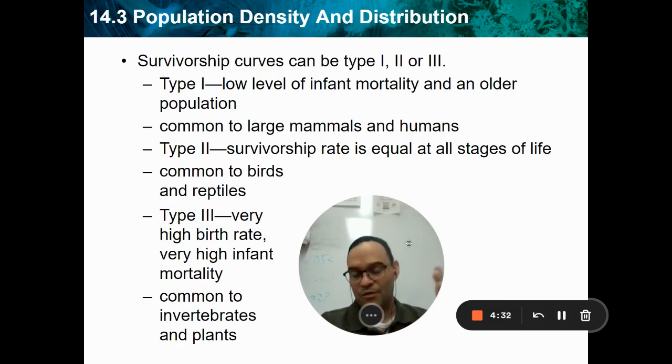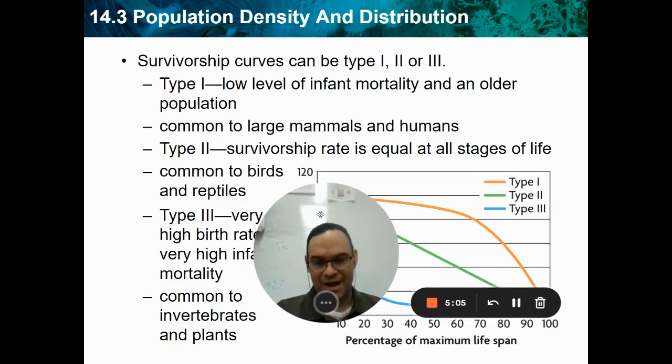But it would be important to narrow down what it is you're looking for in a population. If you want that population to survive, I would suggest more of a type 1. If you want to see fast evolution, fast natural selection, perhaps type 3.